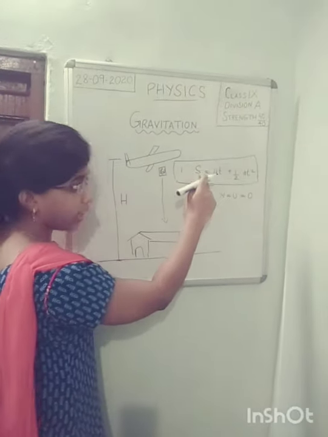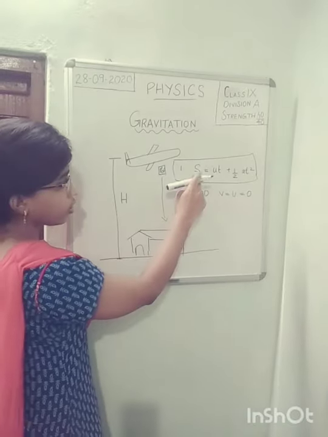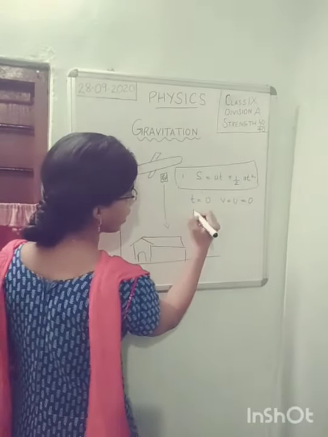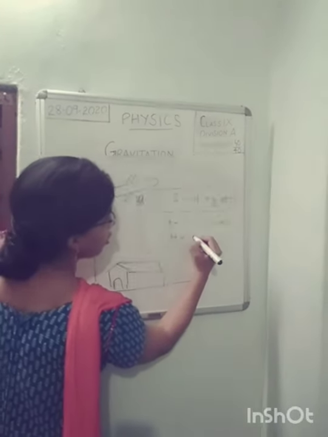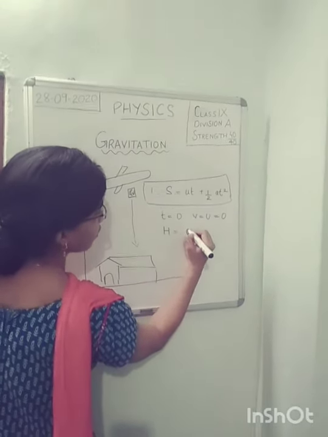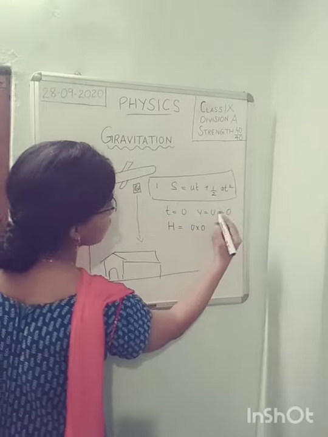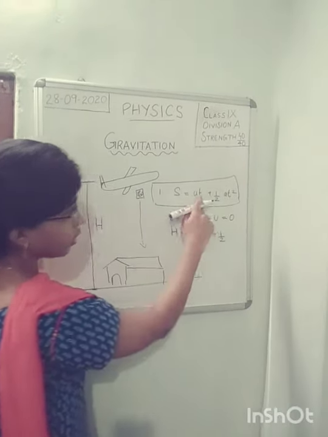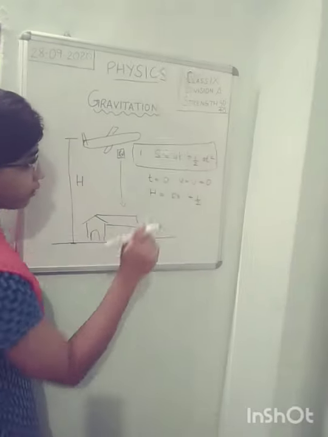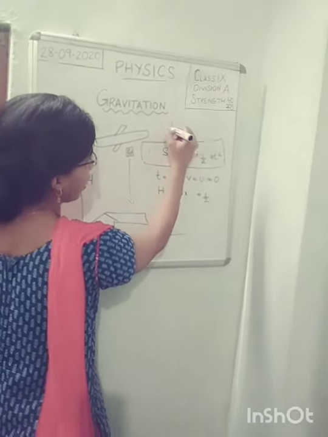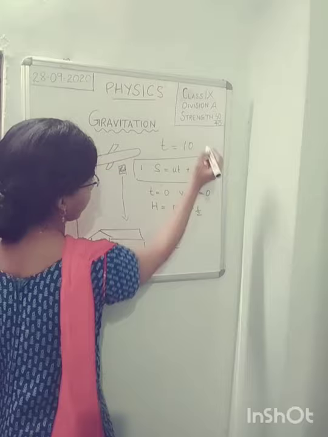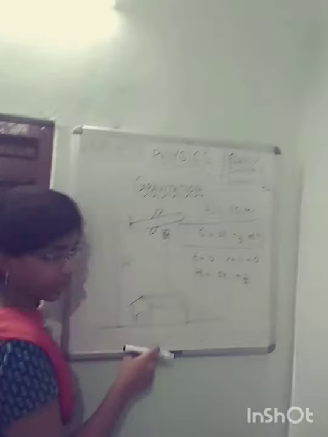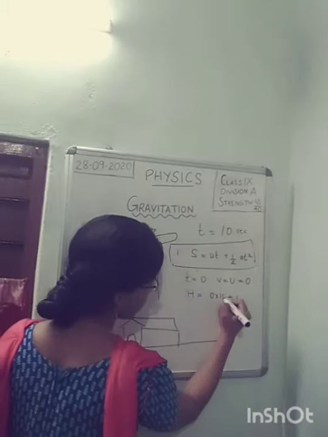And we know that here s is the distance, so s can be replaced by h. So I am writing here h equal to u, which is 0, into t, plus half a t square, where t is the total time taken. What is the total time taken? I have said that it took around 10 seconds to reach the ground, so here t is 10.